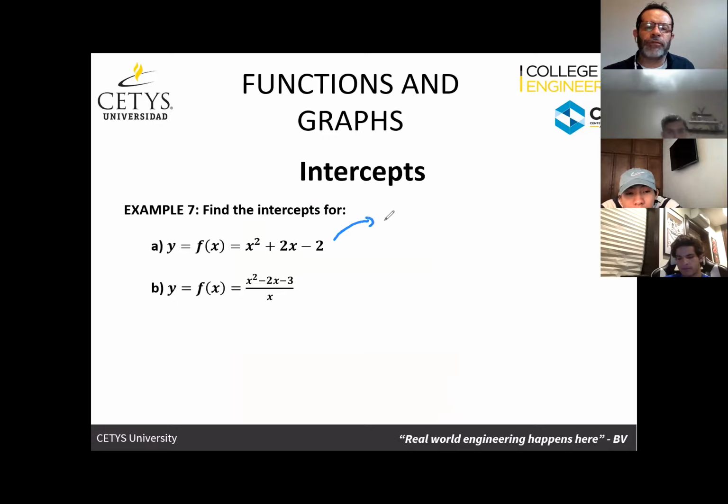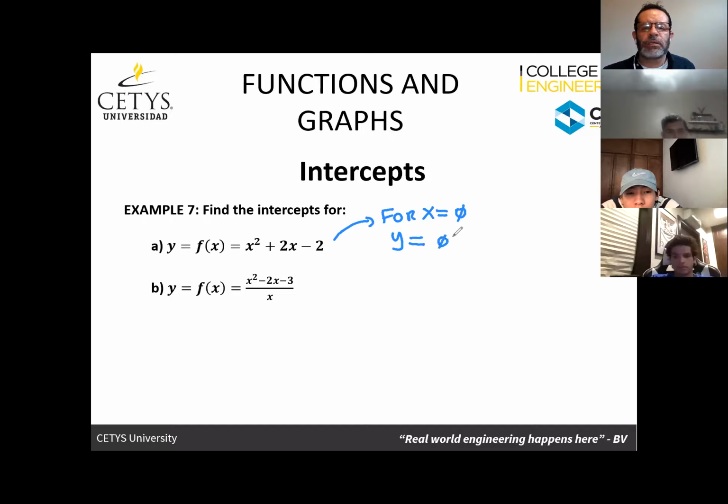So first off, for X equals 0, Y is going to equal 0 squared plus 2 times 0 minus 2, which is going to equal minus 2. So the intercept in the y-axis is going to be 0, comma, minus 2.